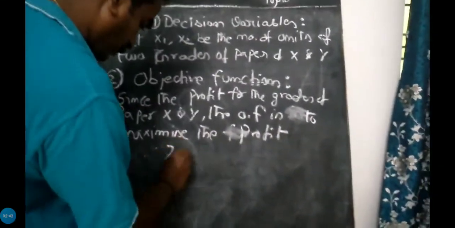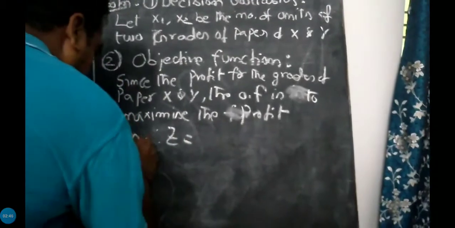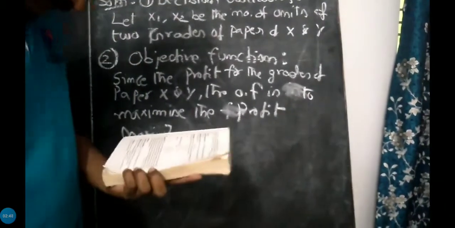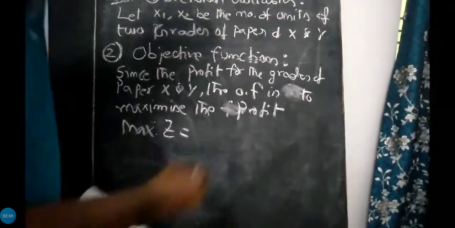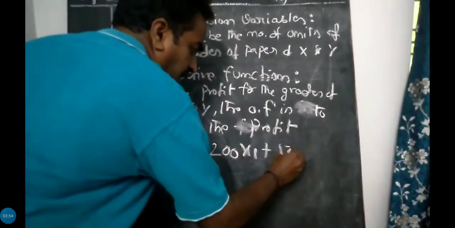Therefore, maximum of Z equal to 200 x1 plus 500 x2.